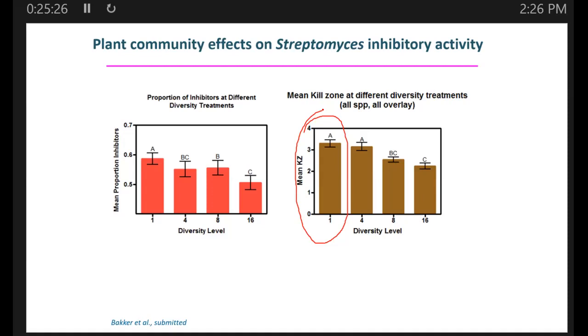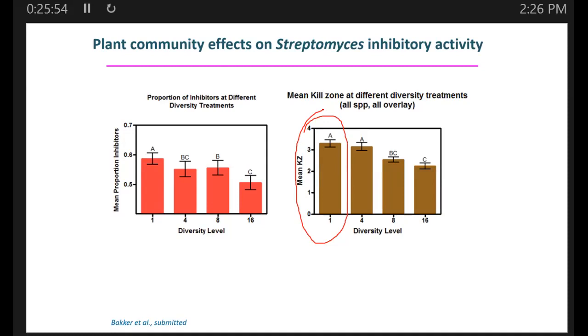And here on the left, the portion of the data says that there were a lot more inhibitors of species. There were many more capable of doing inhibition in a monoculture. And not only that, but they did a really good job killing the pathogen in a monoculture. And so this was not what we initially hypothesized when we first started this research.